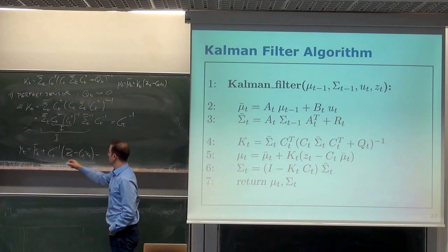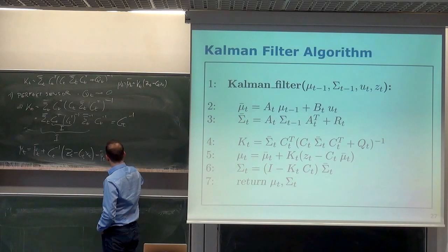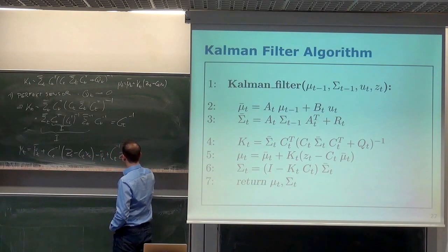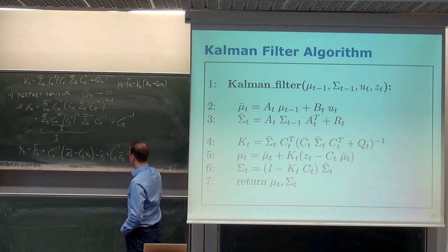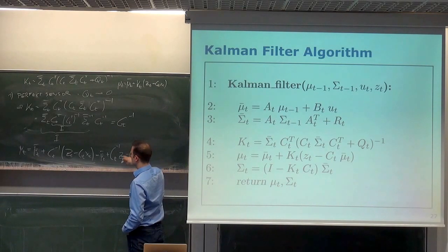This turns into plus CT to the power of minus 1 times ZT minus CT to the power of minus 1 CT XT.